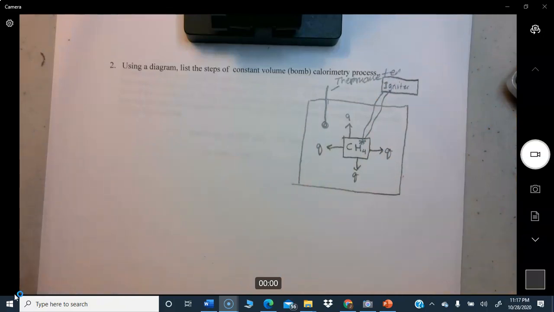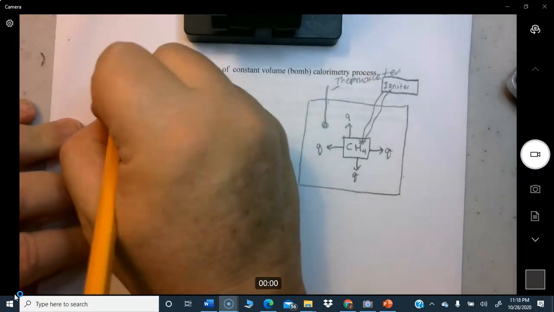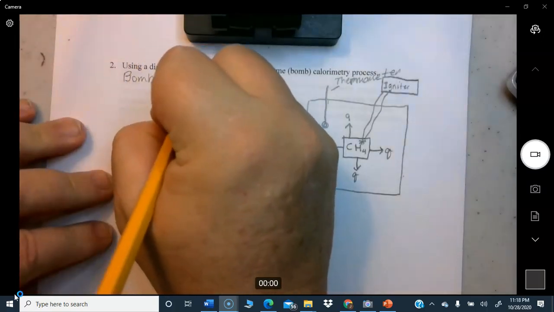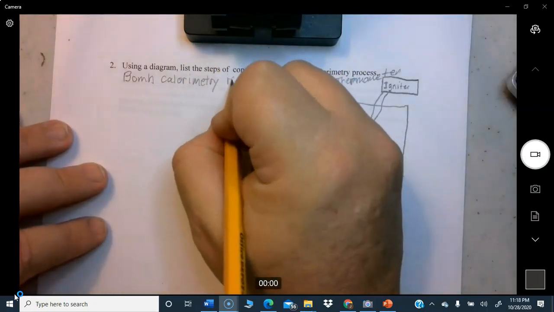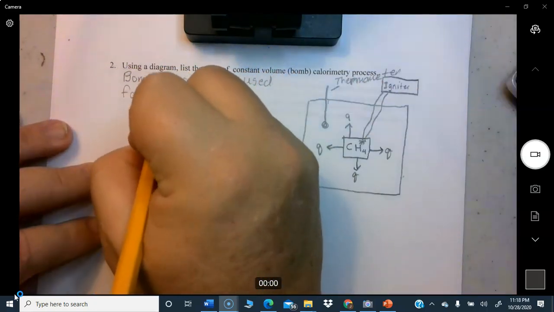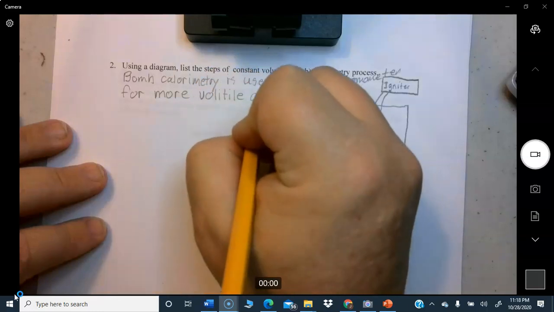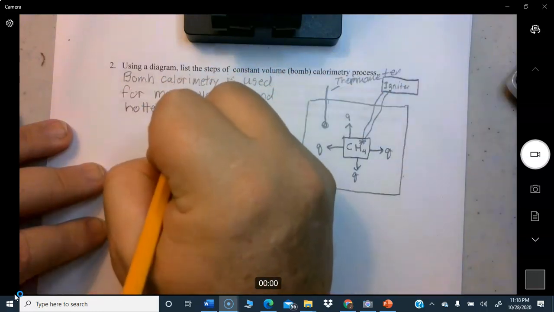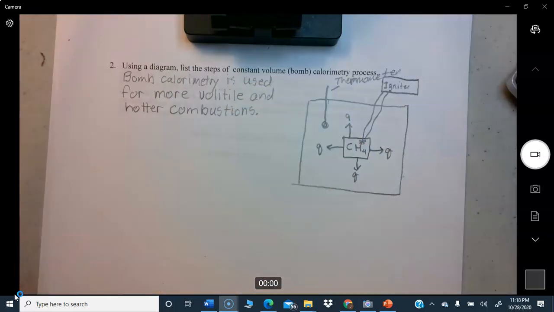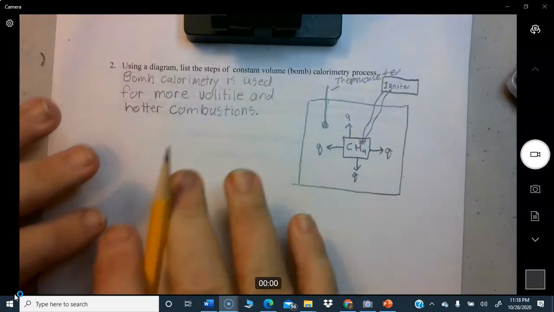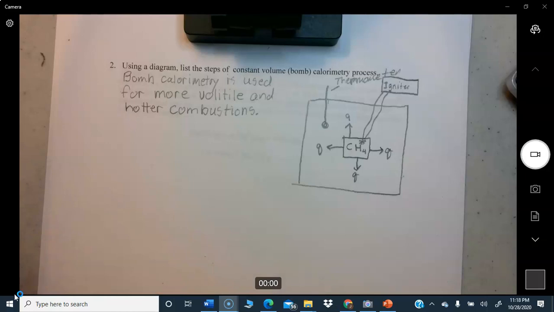Now, there are some differences in this. It operates pretty much the same as coffee cup calorimetry, except this. So let's go ahead and start writing that. Here the system and the surroundings are different.